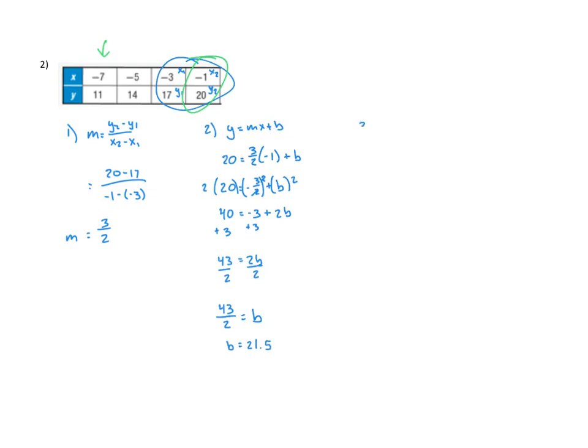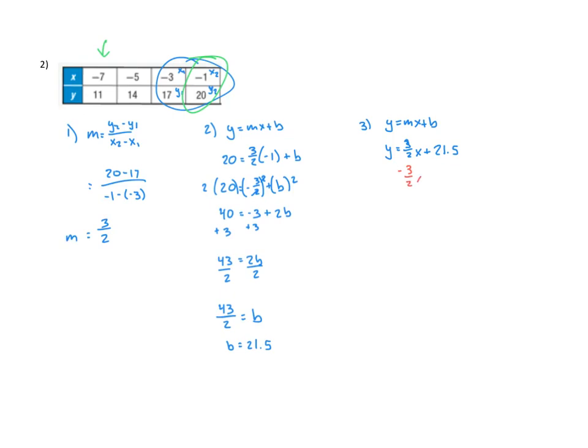Now we go on to step 3, and let's plug everything back into our slope-intercept equation. y is equal to, whoops, not 2, it's equal to 3 over 2x plus 21.5. And now we rewrite into standard. And I'll change colors on this one so you can see how it works.